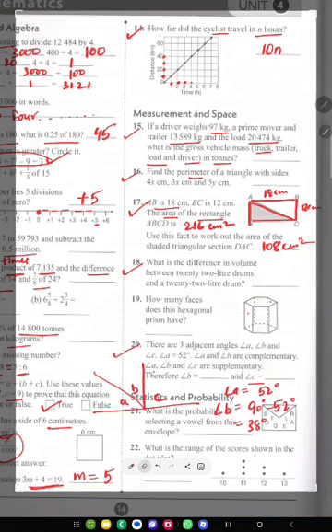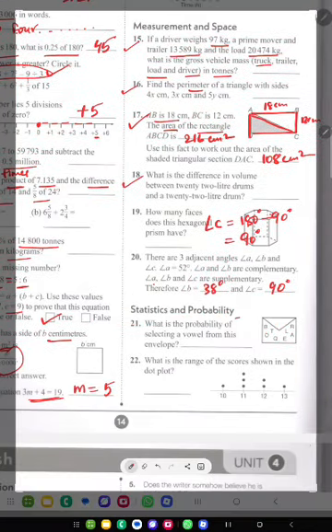Let me just clear this. Okay. A and B together is 90. So you can do angle C as 180 minus 90 degrees, which is 90 degrees. So angle B is 38 degrees and angle C is 90 degrees. Got it? All good. Let's move on.